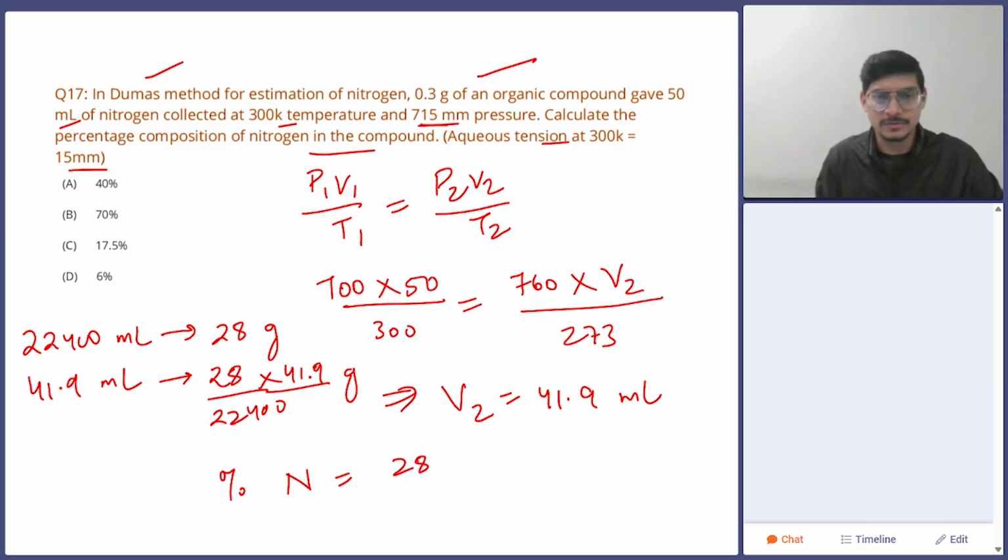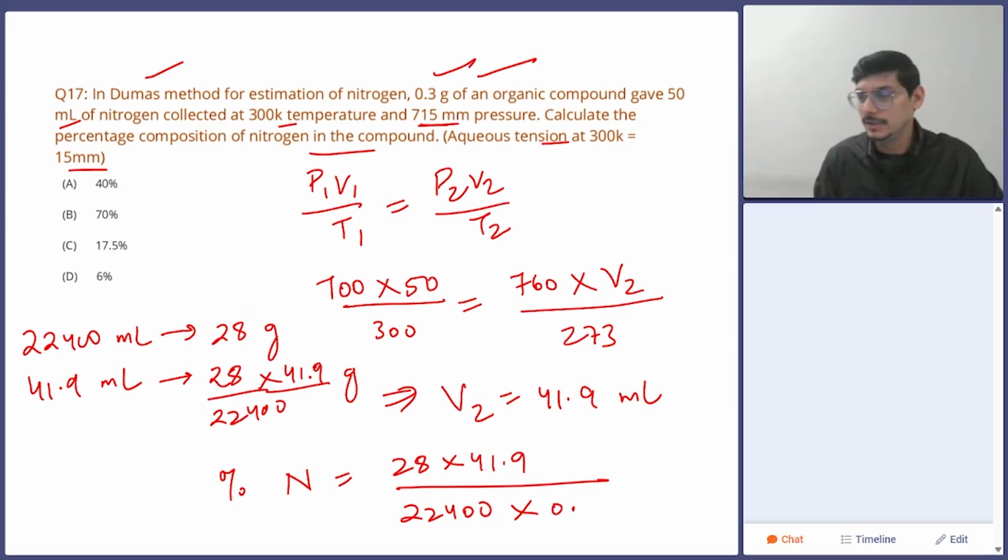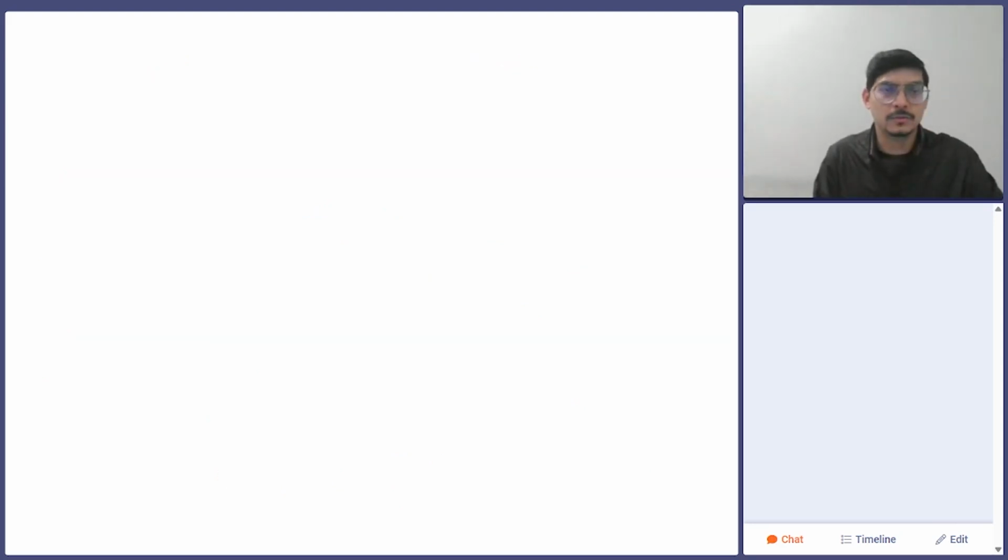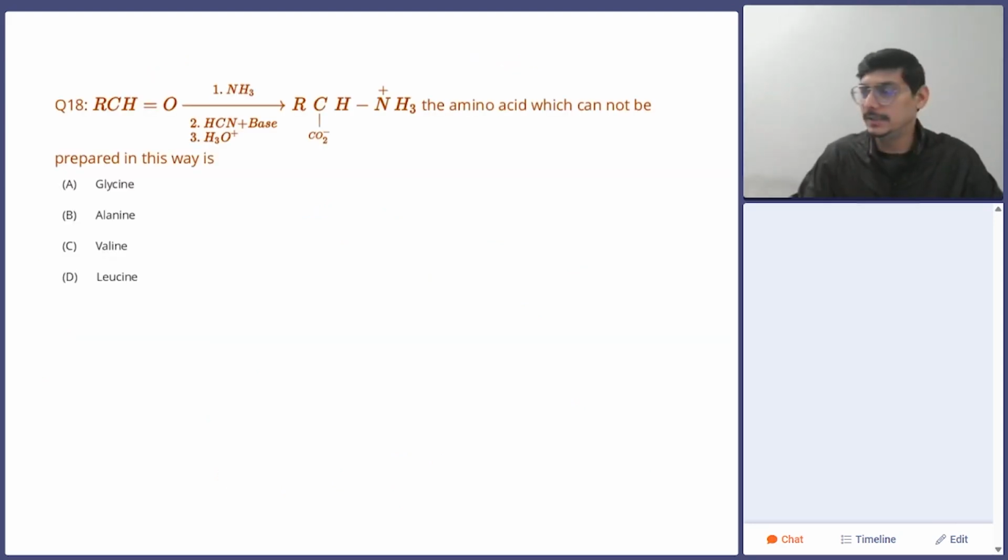So that is the mass of nitrogen, which is 28 multiplied by 41.9 divided by 22400, divided by the mass of the compound, which is 0.3, and multiplied by 100 to calculate percentage. The correct answer will come out to be around 17.5%.